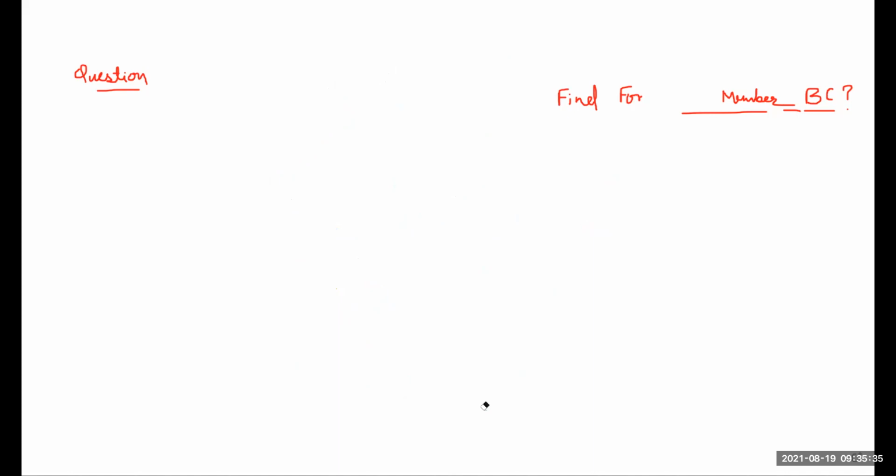Find forces in member CD. So this is our next question.